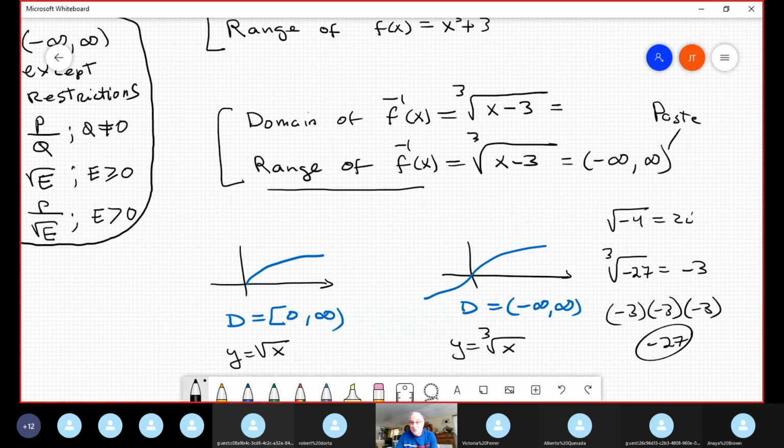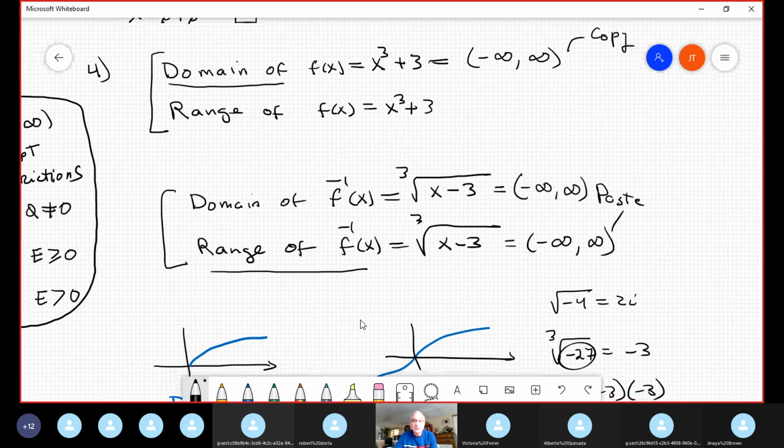It's exactly the number that we need inside the radical. So now the conclusion is easy. The square root of a negative number is imaginary, totally out of the domain. However, cubic root of a negative number is real. Therefore, the domain again here is all real numbers. It's a coincidence, it does not always happen. And the range for the original is exactly the same as the domain of the inverse. So everything is all real numbers in this specific example.